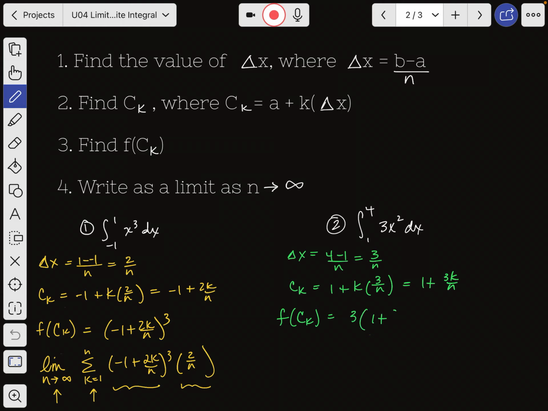So 3 times (1 plus 3k over n) squared. And then write it as a limit as n approaches infinity of the sum from k equals 1 to n of 3 times (1 plus 3k over n) squared times delta x, so times 3 over n. And I think that's our final answer.